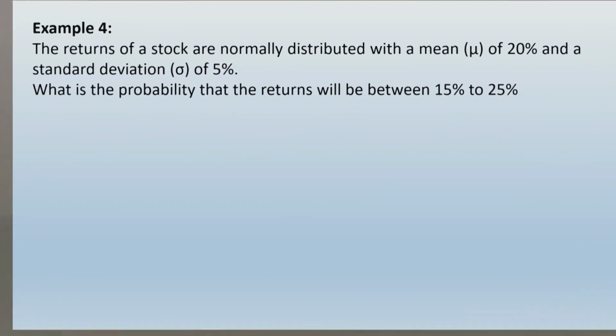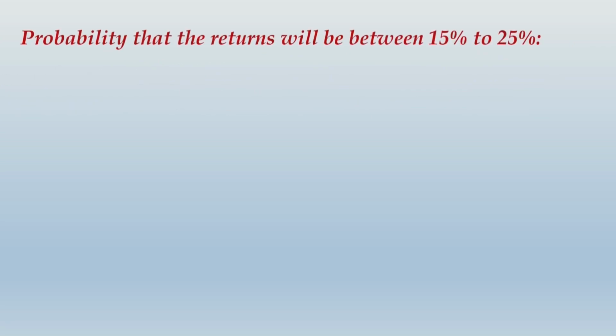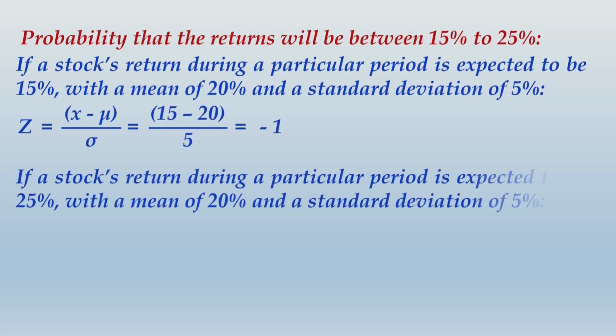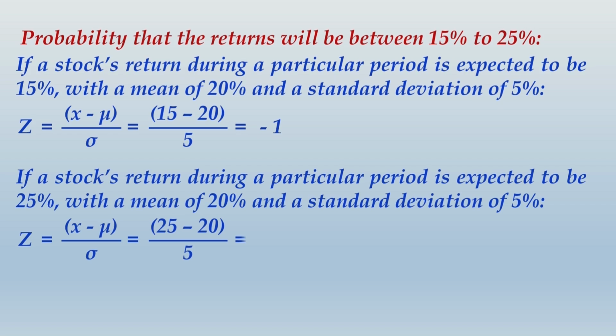So let us write up the solution for the same. Probability that the returns will be between 15% to 25%. So we will compute the z value for both 15% and 25%. The z value for 15% is -1 and for 25% it is +1.